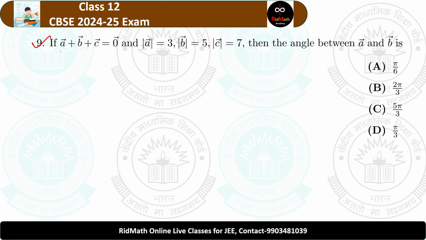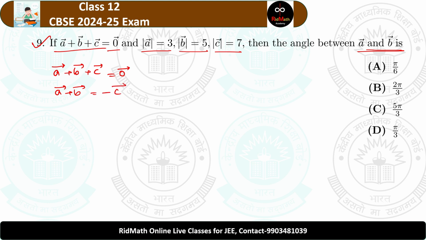question number 9. If A plus B plus C equal to 0 and mod of A equal to 3, mod of B equal to 5 and mod of C equal to 7, then the angle between A and B. So A plus B plus C vector is equal to 0 vector. That means A plus B vector is equal to minus C vector.